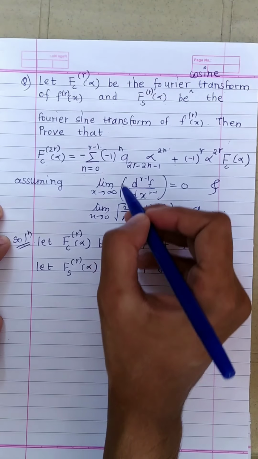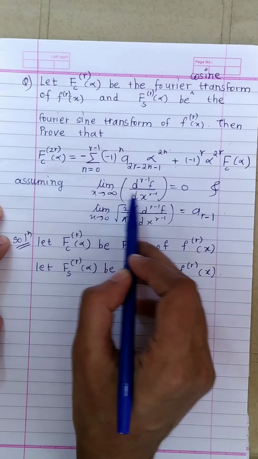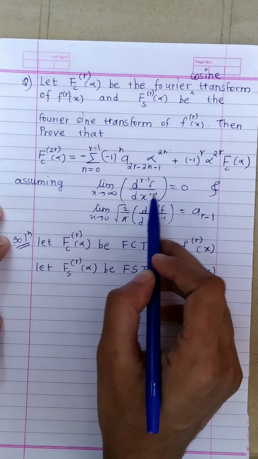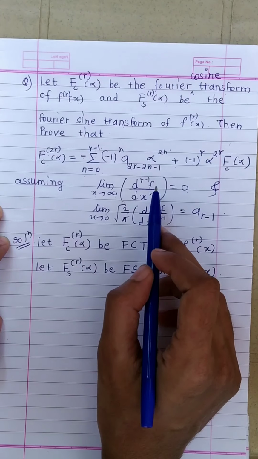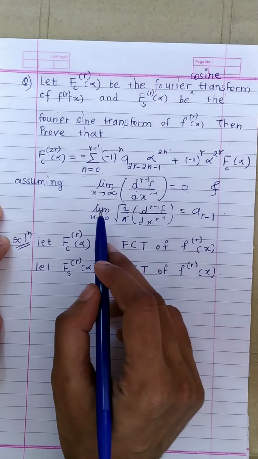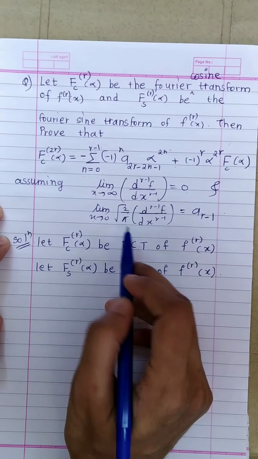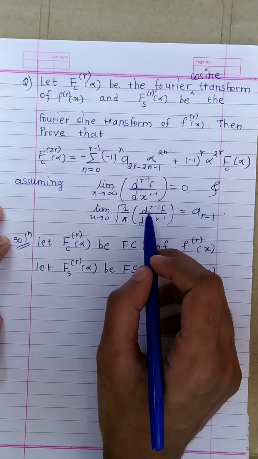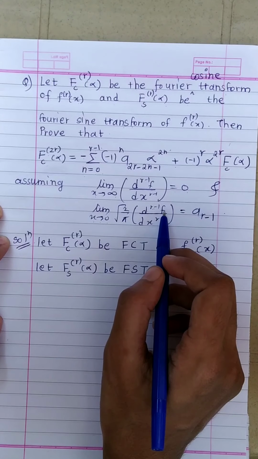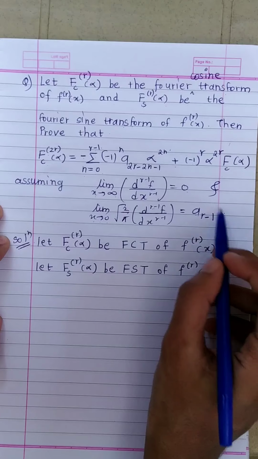And we assume these two conditions: the limit as x goes to infinity of this quantity is equal to 0. This is nothing but the r minus 1th derivative of f of x. And the limit as x goes to 0 of root of 2 by pi into the r minus 1th derivative of the function f of x is equal to some a_{r-1}.